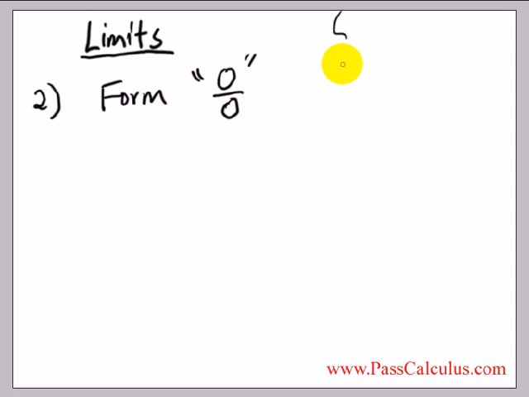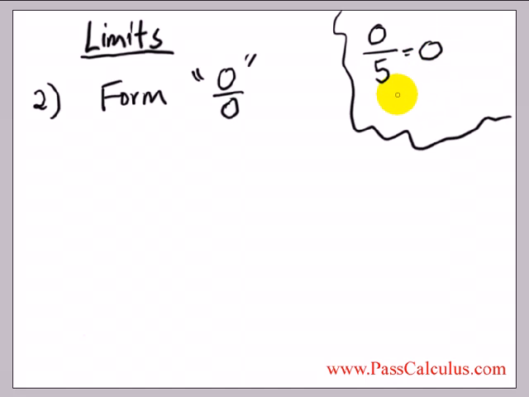So, just as a side review here, if I have something like 0 over 5, this is perfectly fine, okay? This is no problem. This is 0. But if I have something like 5 over 0, this is undefined. So, if you ever find yourself writing an expression like 0 over 0 on your paper or 5 over 0, if you ever give that as an answer, you know for sure you've done something wrong.